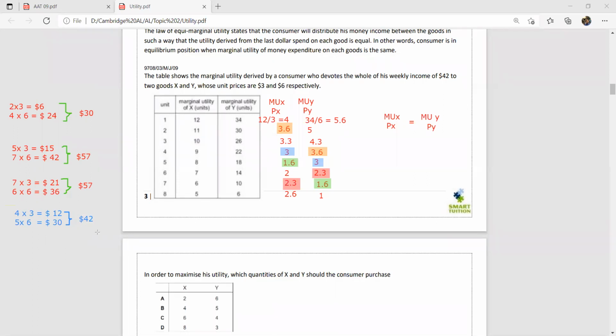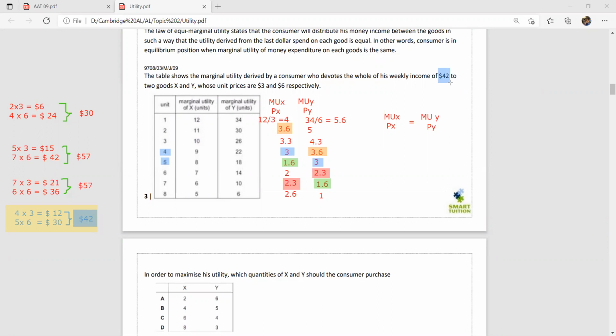If the consumer purchases 4 units of X, 5 units of Y. Why is that? The total expenditure is 42, and he has 42.